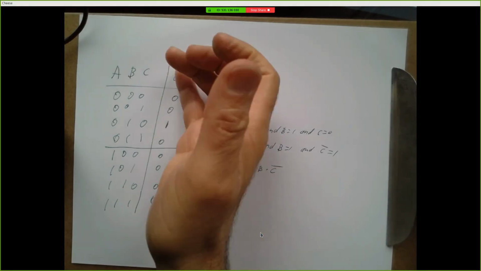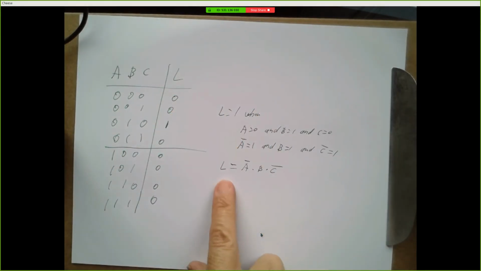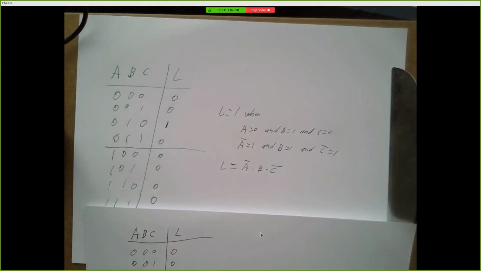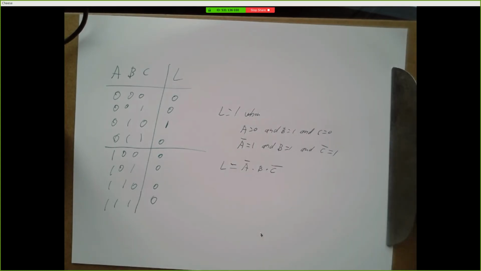So for any truth table where we have a single 1, we can write a simple AND expression where we might have A or we might have A bar. But we can cobble together a single AND expression that gives us this exact truth table.